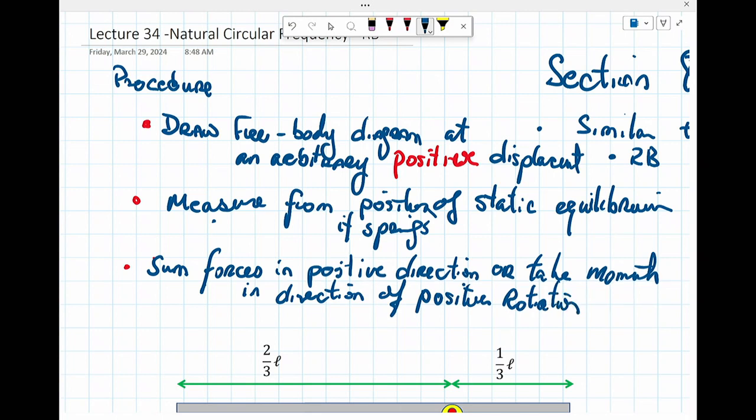And you always want to displace things and some forces or moments in positive directions.